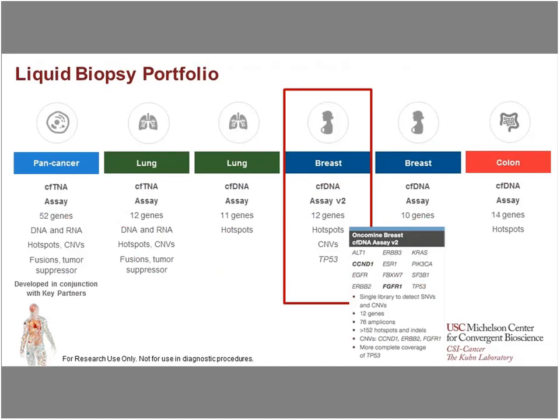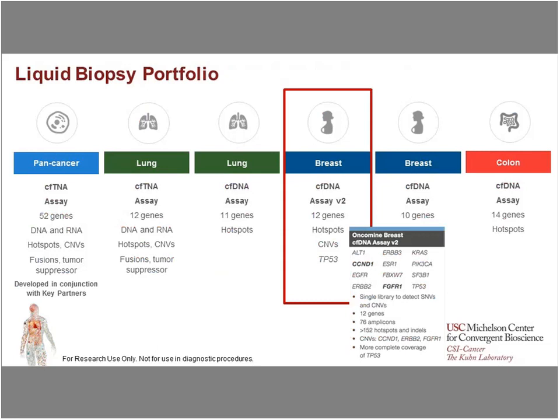So here shows the portfolio of Oncomine cell-free assay families. We are currently using lung assay and the new pan-cancer assay. Both of them can generate single libraries for DNA and RNAs at the same time. But these two assays were previously covered in the 2 talks. I will focus on the breast Research Assay V2.